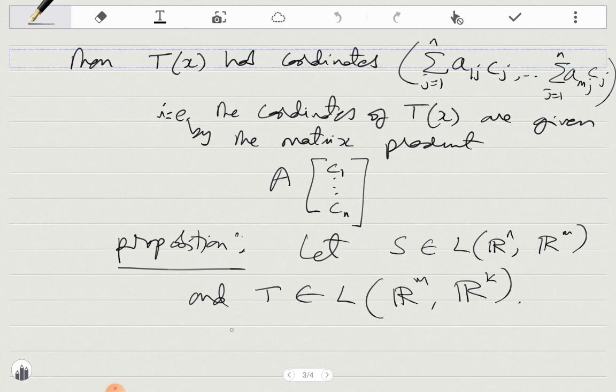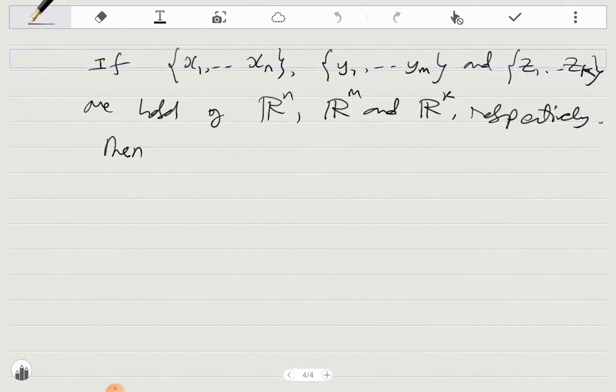So let T belong to this, S belong to this, with these bases.